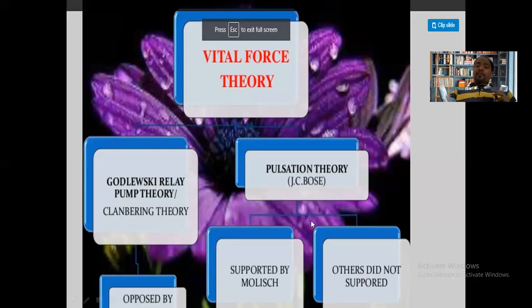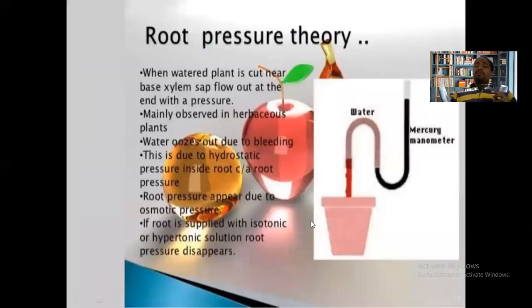Okay, now the next theory is the root pressure theory. Here, this root pressure theory was proposed by scientist Stephen Hales in the year 1727 for the first time. Later on, this theory was supported by scientist Priestley in the year 1922.